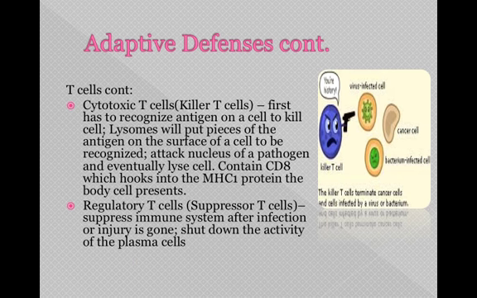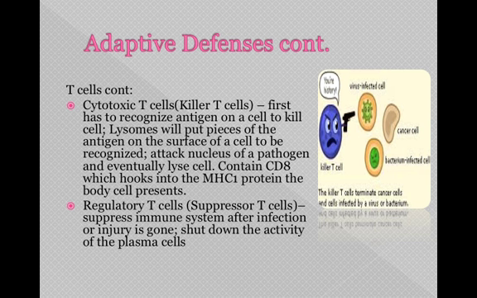Another type of T cell is a cytotoxic T cell, also known as the killer T cell. Those ones have to recognize the antigen. What happens is your body's own cell will be infected, and it will take a piece of the antigen and present it, and the presenting thing will be the MHC1 protein.